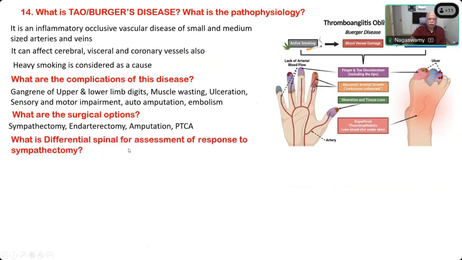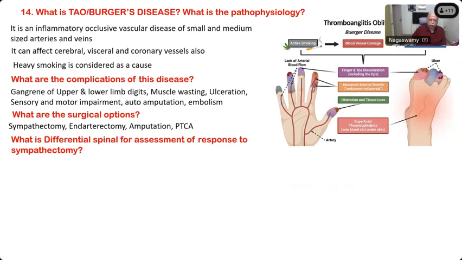What is differential spinal for assessment of response to sympathectomy? So these cases will require either a stellate ganglion blockade or a lumbar sympathetic blockade.